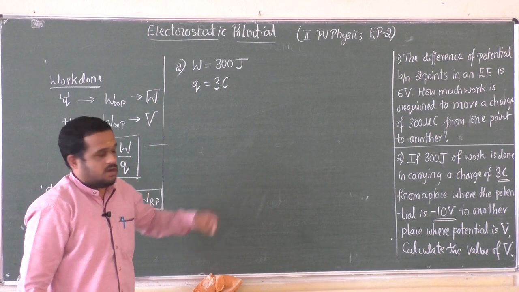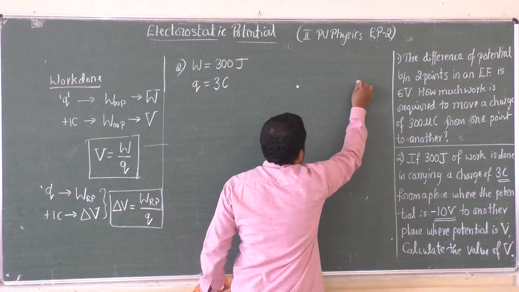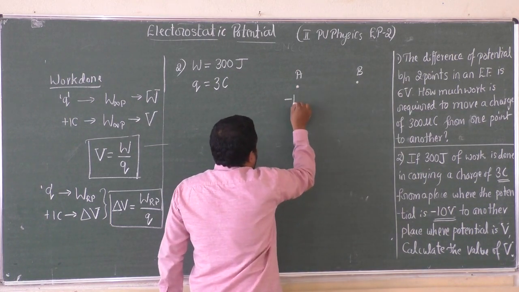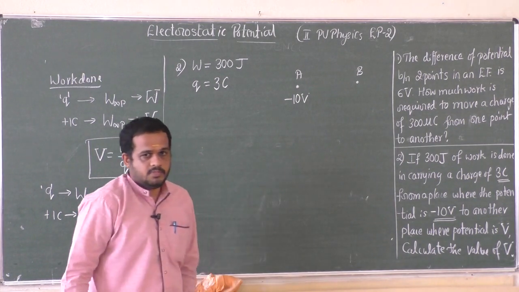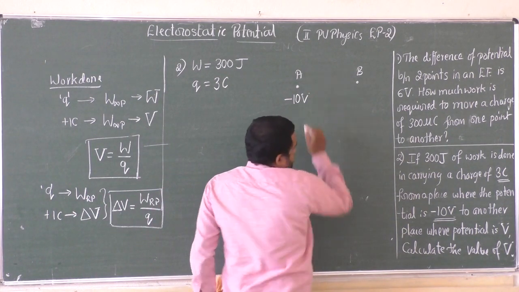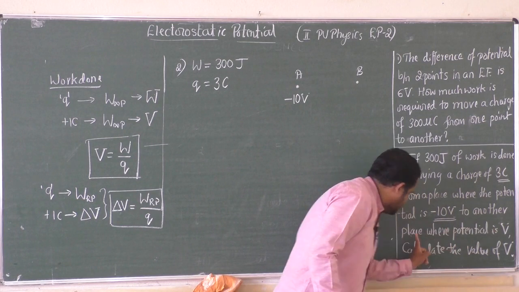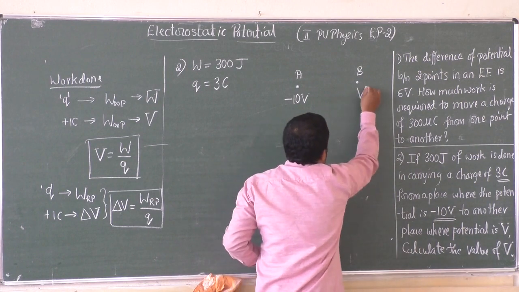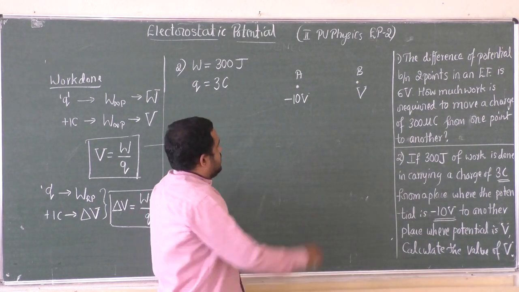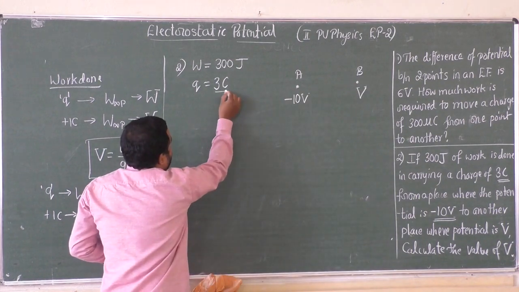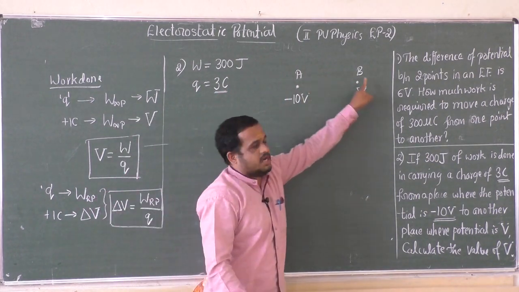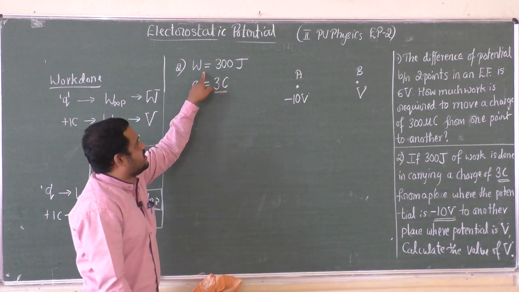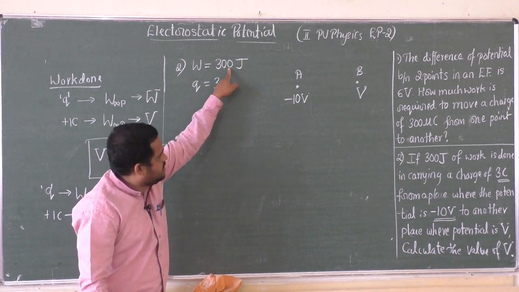Potential value at a particular point is given, if you consider the same example or 2 points A and B, at one point potential value is minus 10 volt, to another place where the potential is V. At another point potential is V. Between these 2 points a charge of magnitude 3 coulomb is moved from A to B. In that process total amount of work done is given, that is equal to 300 joule.